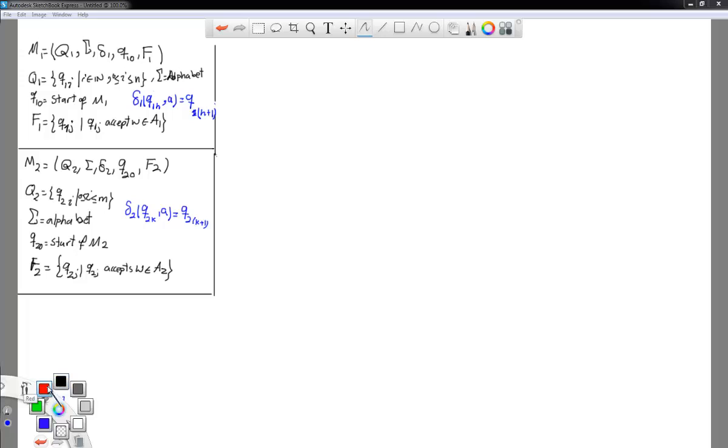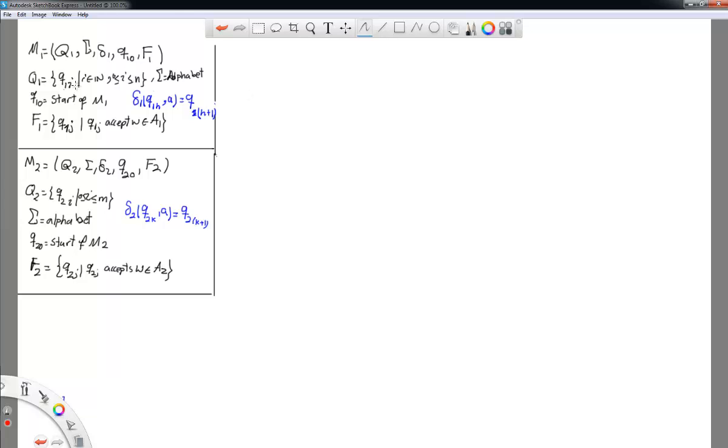So how am I going to go and do the bigger language? So look at what each of these finite automata that I have are. Each of the finite automata is a 5 tuple.